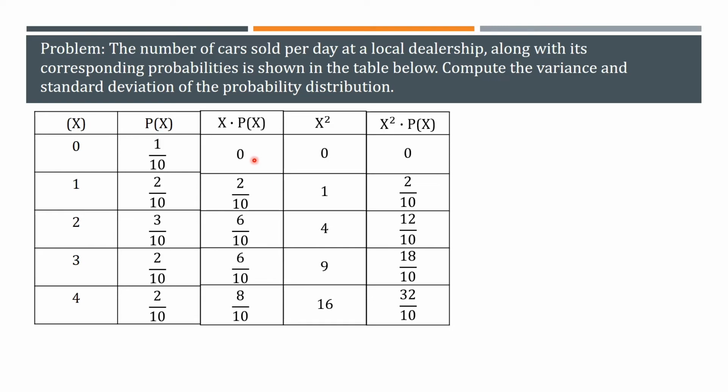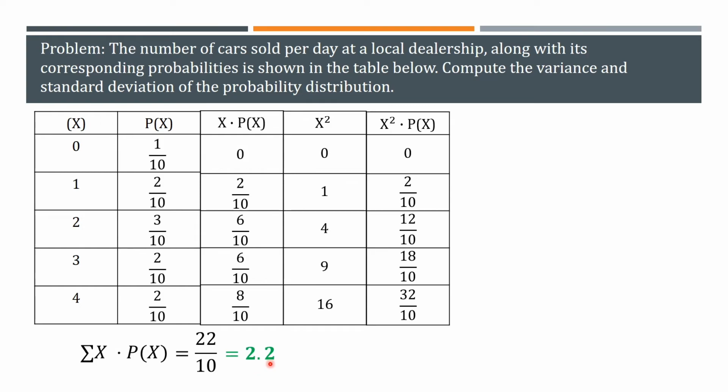So we have 2 plus 6 plus 6 plus 8. The summation of x times p of x is equal to 22 over 10, or the mean is 2.2 if we divide 22 by 10. So the mean of our probability distribution is 2.2.